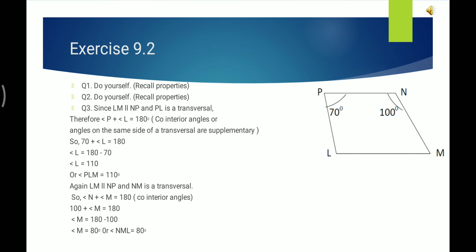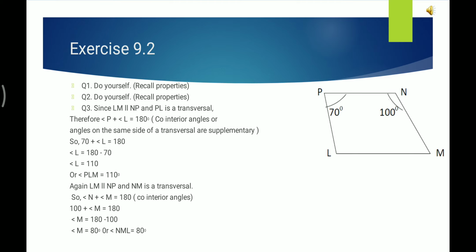We know very well that when two parallel lines are intersected by a transversal, then co-interior angles, or angles on the same side of a transversal, are supplementary. That is, their sum is equal to 180 degrees. Therefore, here angle P plus angle L is equal to 180 degrees.